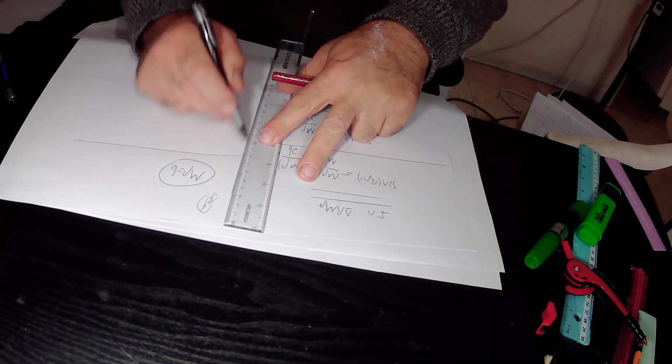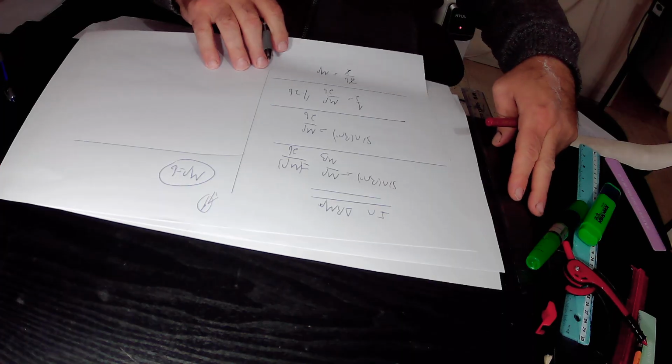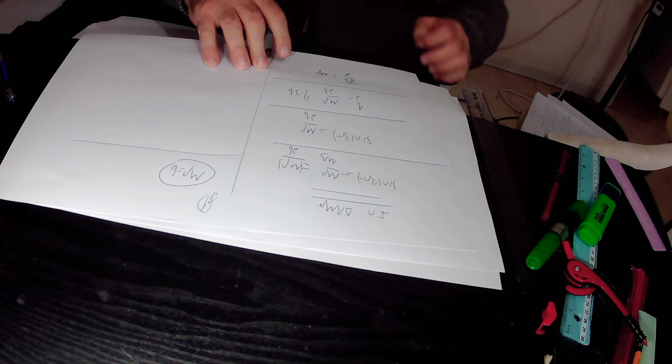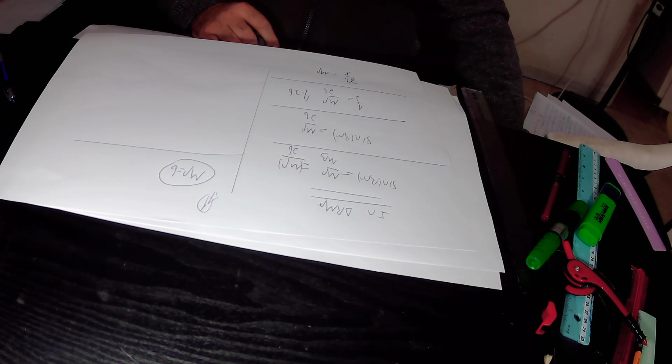So, on page 3, Rule 19 is also defined as the angle bisector theorem.